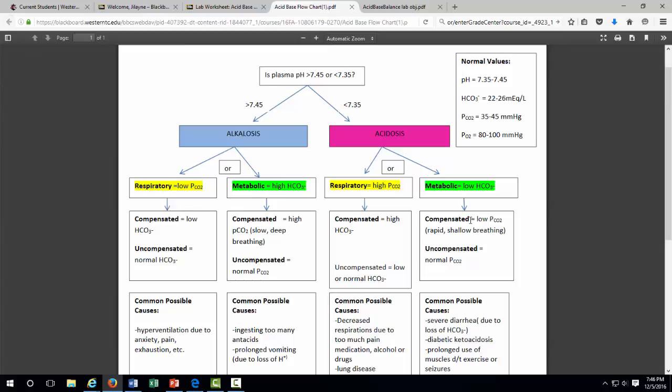So we call that a compensation. So if I've got a metabolic acidosis, so we've got acid conditions, what is the body going to do? What are the lungs going to try to accomplish? What is the medulla going to stimulate the diaphragm and external intercostals to do? If we have a low pH, they want to do what?